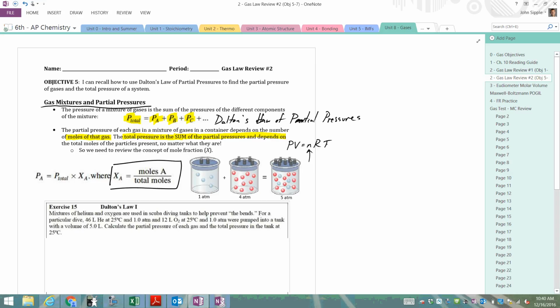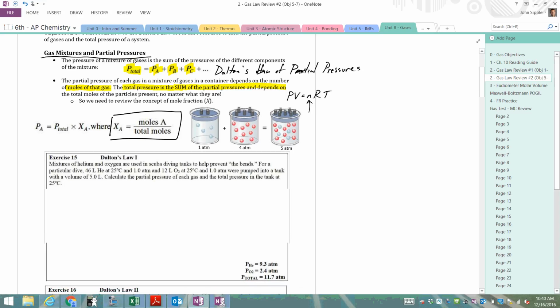Let's take a quick look at the first example. We have some helium and oxygen, and we're loading up the tanks so we can go scuba diving. For a particular dive, 46 liters of helium at 25 degrees Celsius and one atmosphere, and 12 liters of oxygen at 25 degrees Celsius and one atmosphere, were pumped into a tank with a volume of 5 liters.